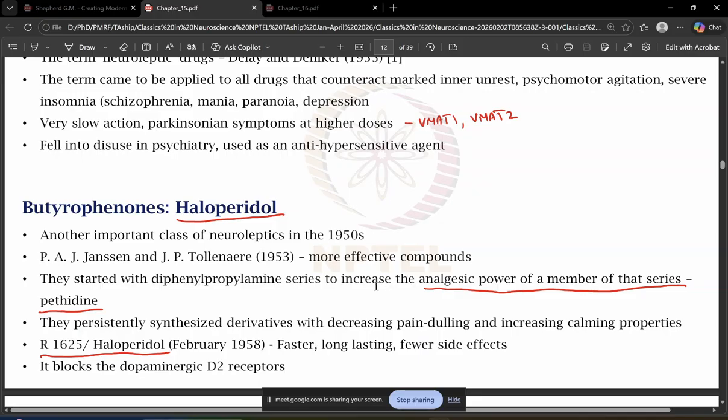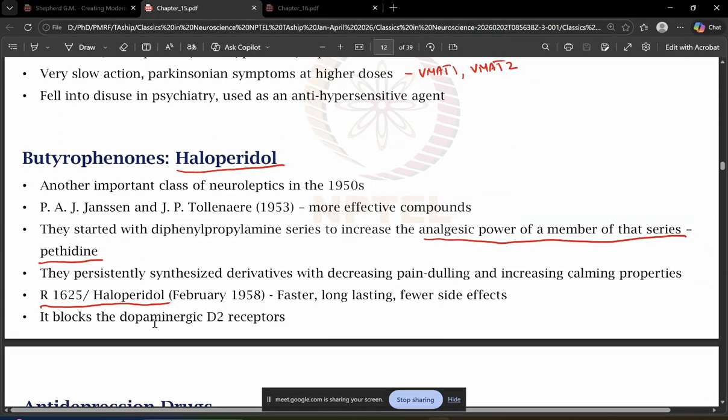They started with the series to increase the analgesic power of a member of the series called pethidine. Then they started synthesizing different derivatives, and their objective was to reduce the pain dulling effect, or the morphinomimetic effect.